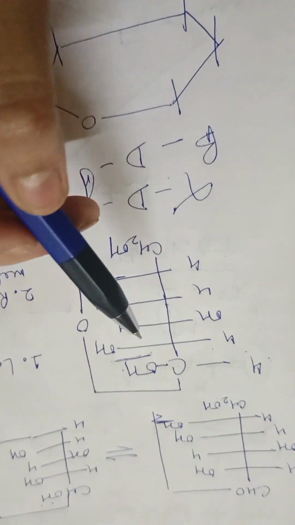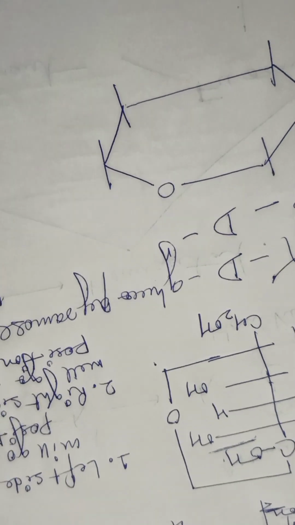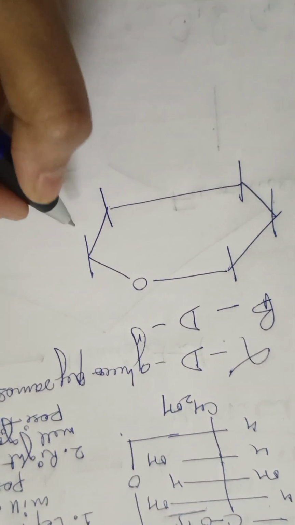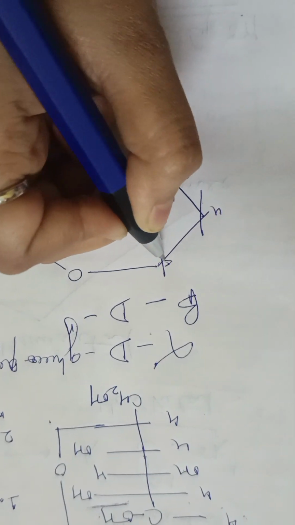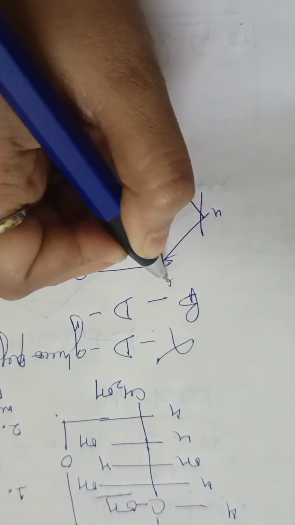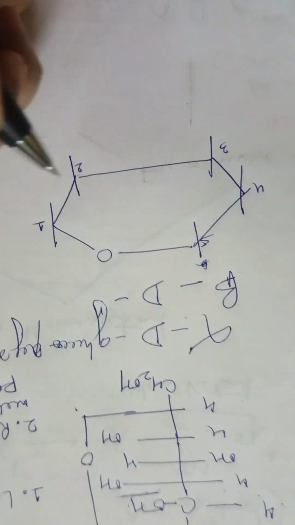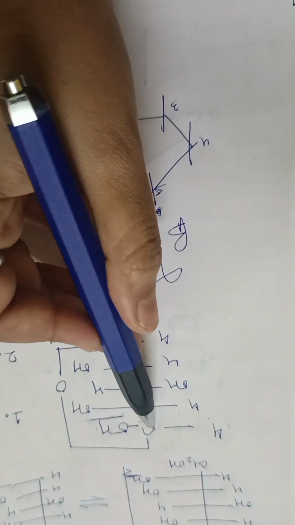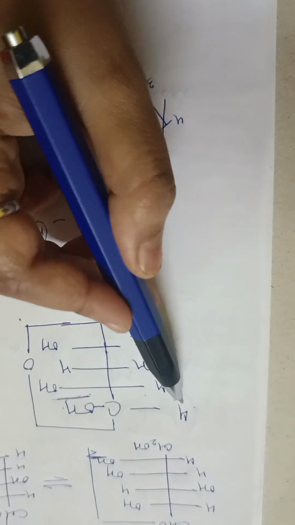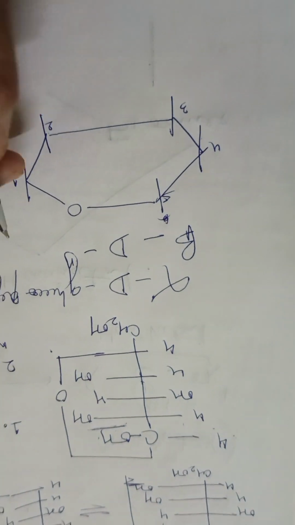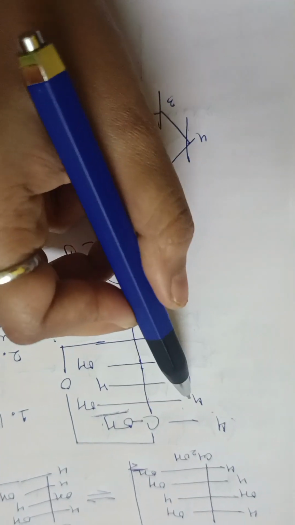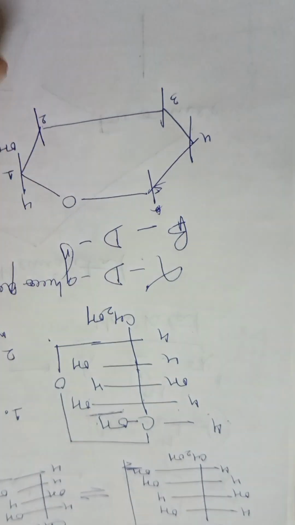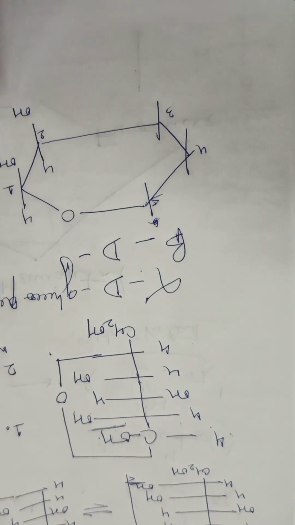Now very easy. You start marking carbon 1, 2, 3, 4, 5 first. Over here the 6 will come in any one. So 1 is this. Left side is H, right side is OH. Second is this. Left side is H, right side is OH. H, OH.